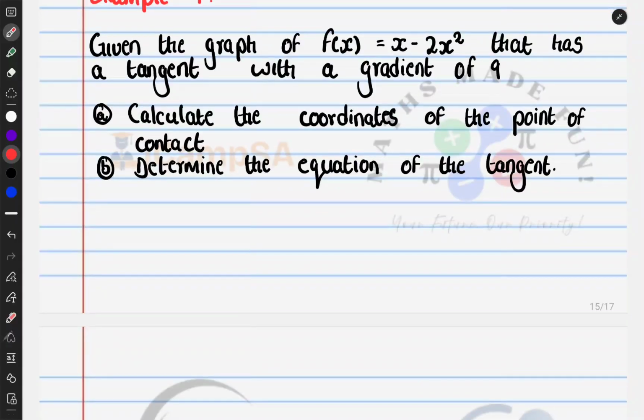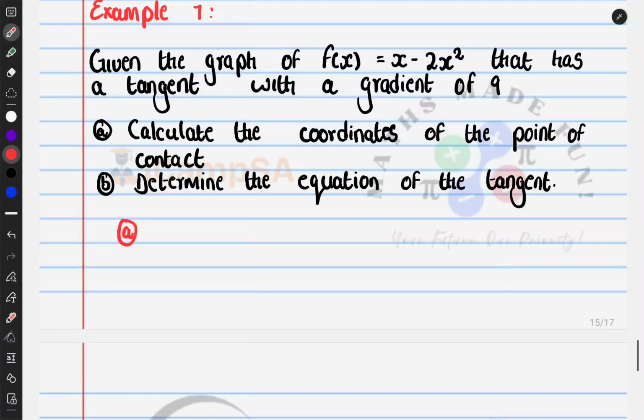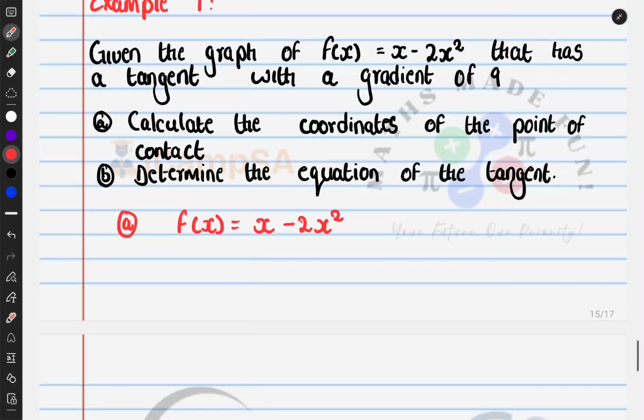So the first step A is to calculate the coordinates. And remember, we don't equate this function to the gradient, that 9 that we are given there. We only equate the gradient to the first derivative, because it is the first derivative that gives us the gradient, not the function. Don't make that mistake.